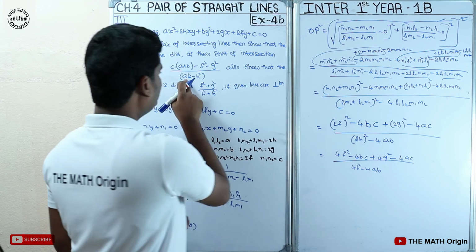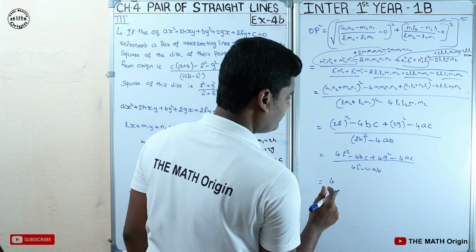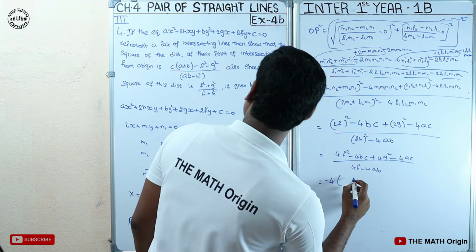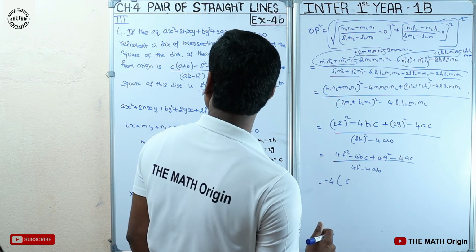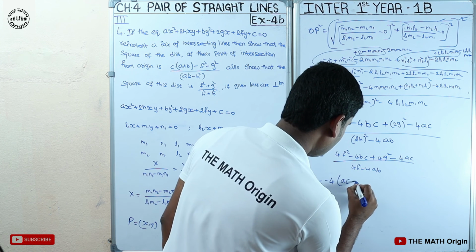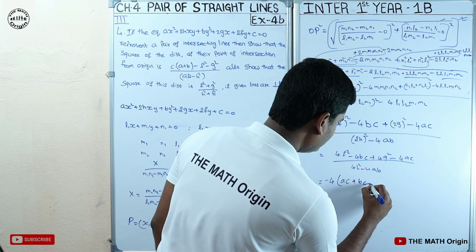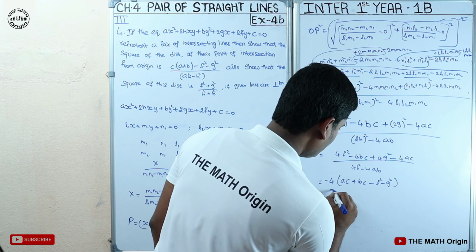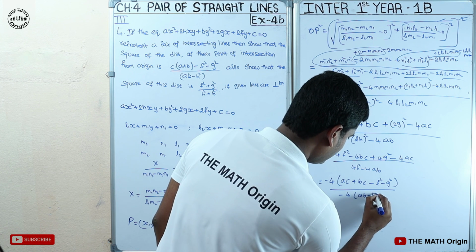Now if you see here we have the ab minus h square format. So from the numerator I will take minus 4 as common. It will be ac plus bc minus f square minus g square, whole divided by minus 4 common, which is ab minus h square.